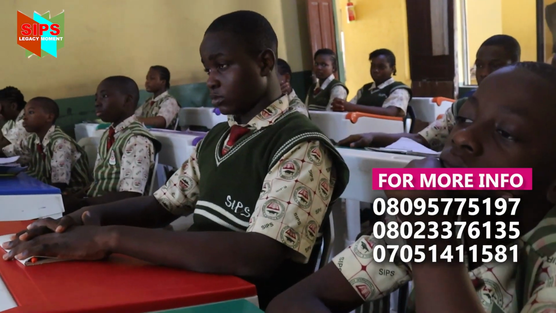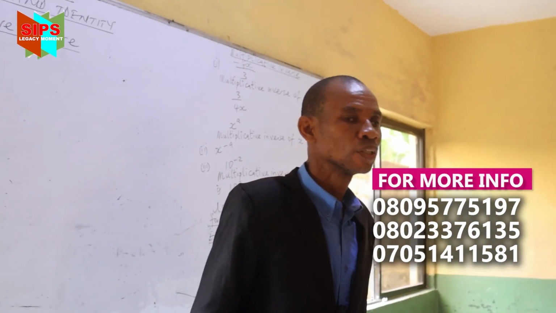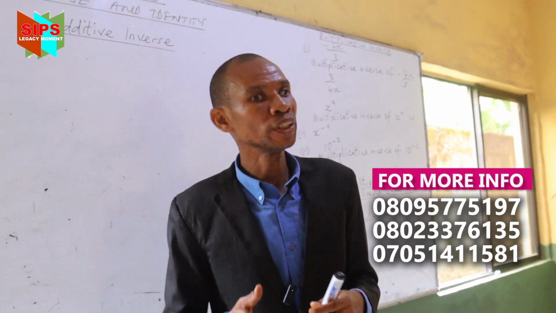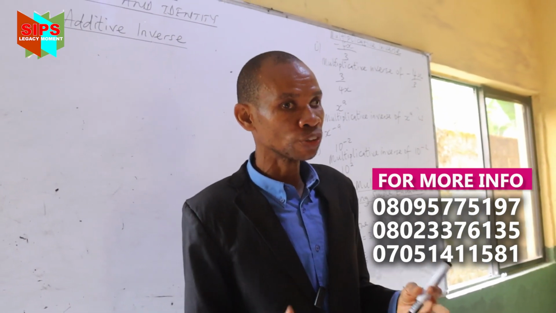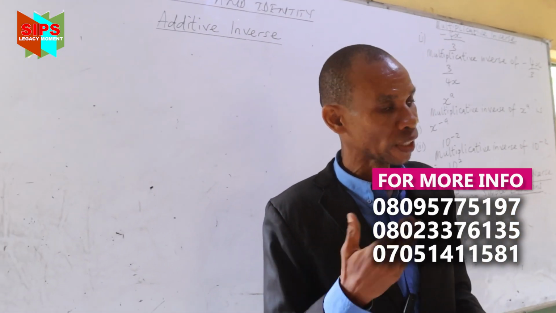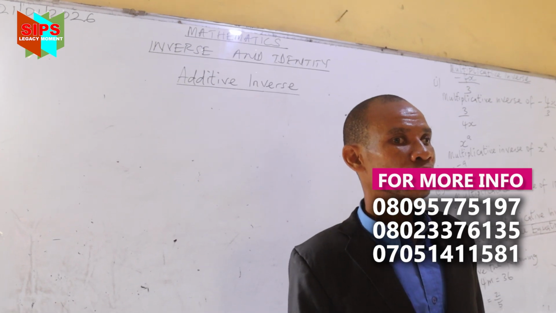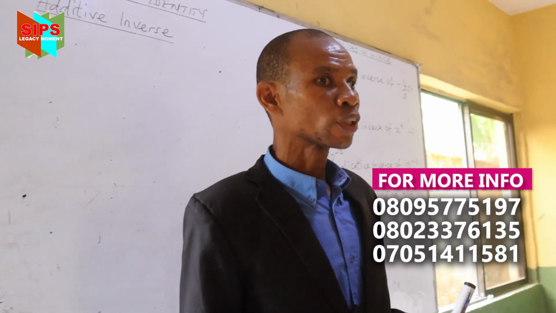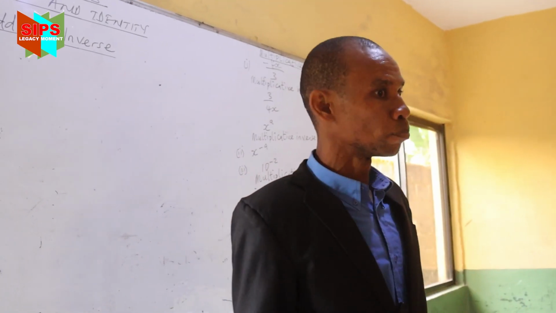In terms of inverse, the word inverse could be viewed in two ways. One, it could be the opposite of a particular number. It could also be that when you are talking about inverse, you are talking about 1 all over that particular number.